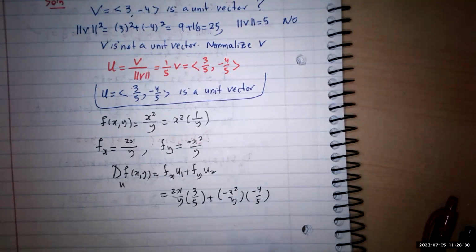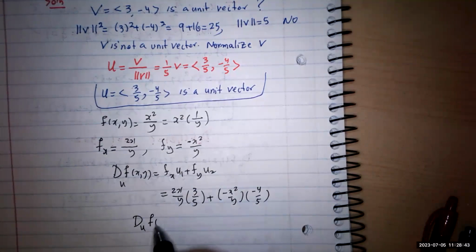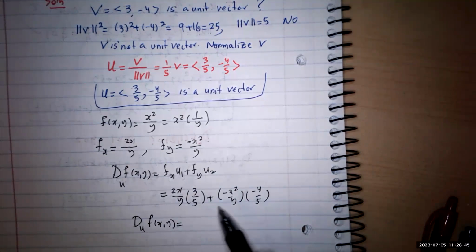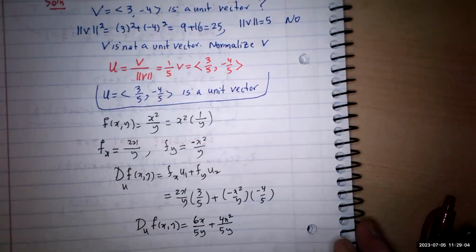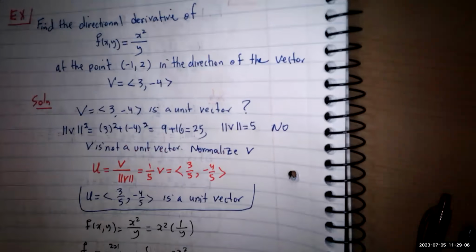So you put them together, and that gives you the directional derivative as 6x over 5y plus 4x squared over 5y squared.